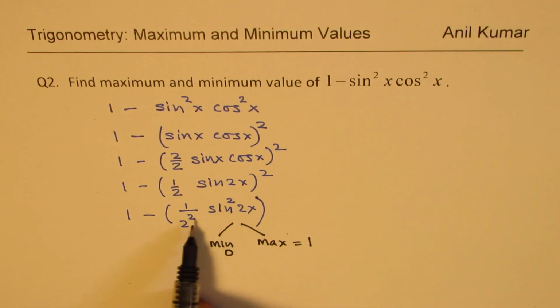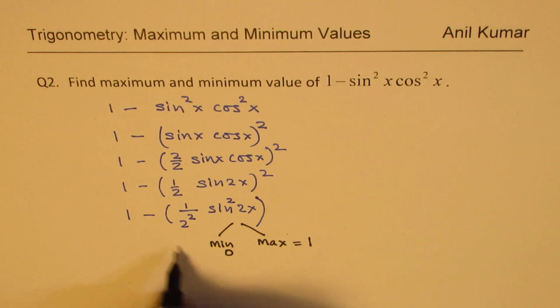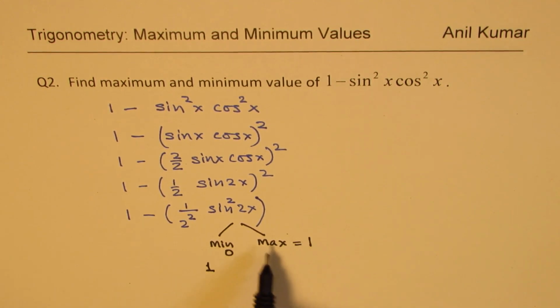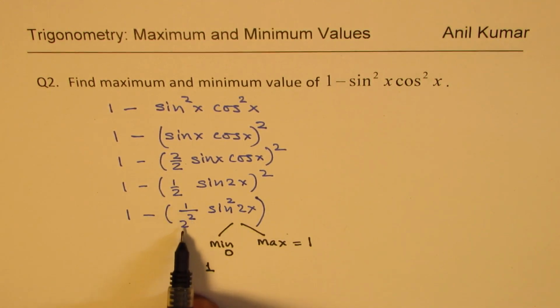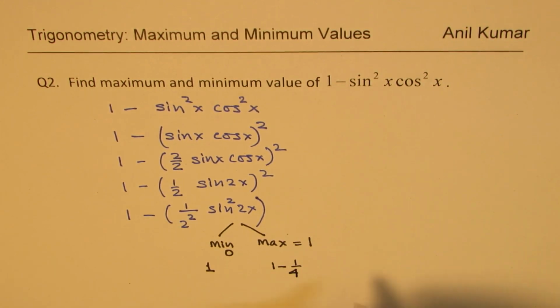So if this is 0, then I get the value of the whole thing as 1 minus 0, which is 1, right? But if it is 1, I get 1 minus 1 over 4, right? Which gives you 4 minus 1, that is 3 over 4, correct? So the value changes from 1 to 3 over 4, correct?